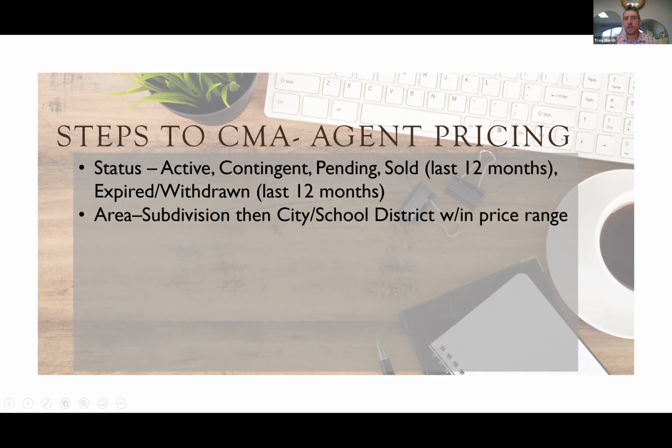So again, the next thing is the area and subdivision. What I will tell you is that there are some subdivisions that have more than one school district. So what I did, and this is probably another tips and tricks class for the MLS, is there's a way that you can change your view so that when you're searching the MLS, it shows you the school district in the list view.